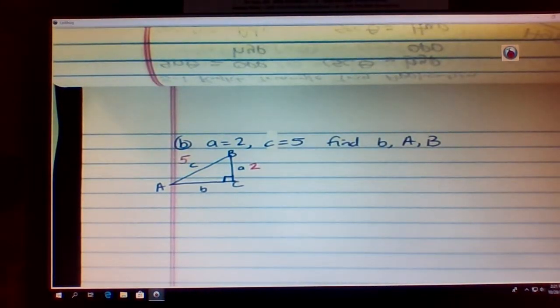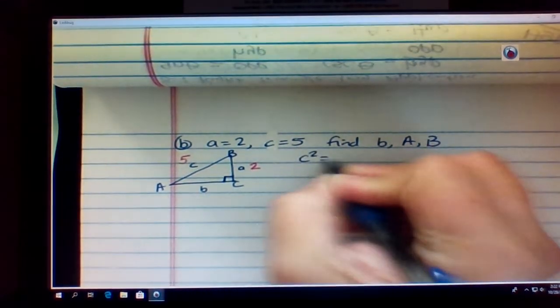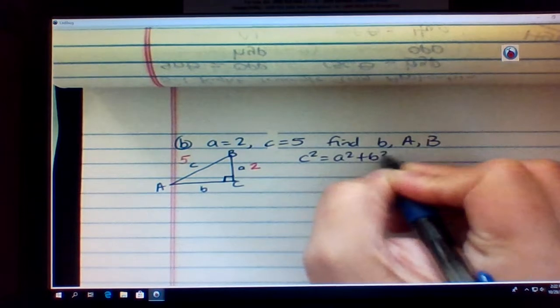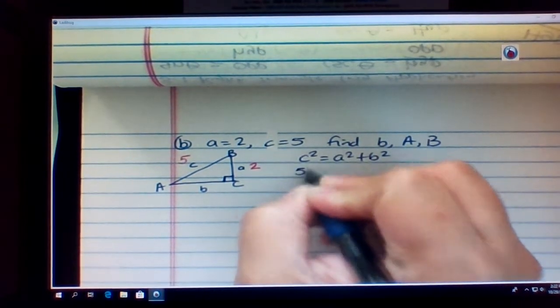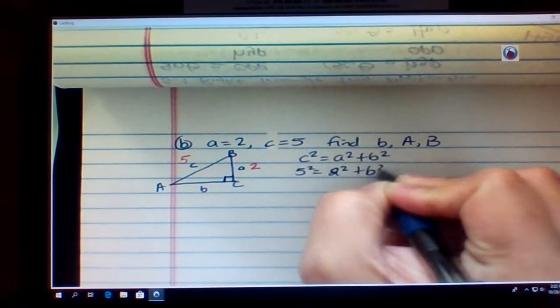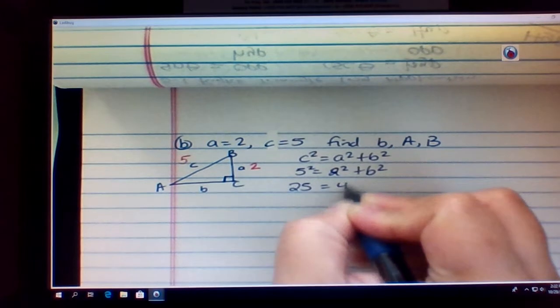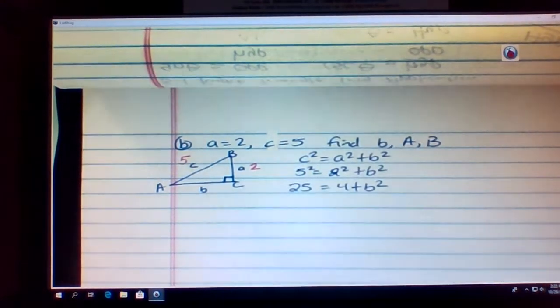So what's the first thing you could actually find with the information that they give you? The Pythagorean theorem. So we could find the missing side using the Pythagorean theorem. Excellent. So I have C squared equals A squared plus B squared. C squared is 5 squared, A squared is 2 squared, plus B squared. That's 25, and of course, what do I have to do with that 4?